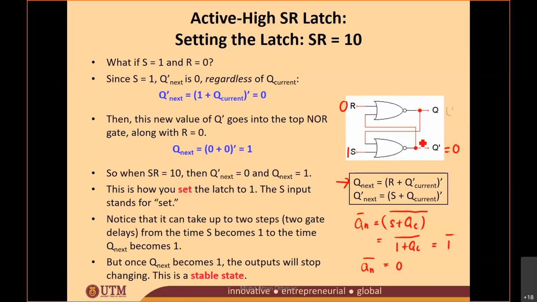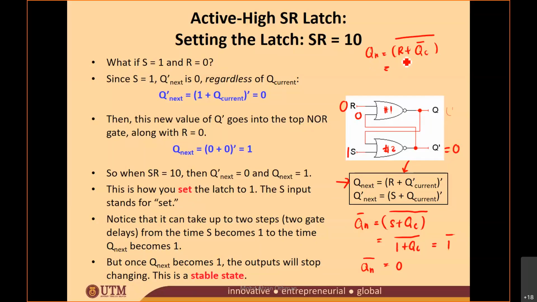Bila yang ni kosong, apa yang berlaku? Yang ni akan masuk ke sini sebagai input untuk kamu punya NOR gate nombor 1. So once you put 0 kat sini, kamu masukkan dalam persamaan yang tadi. Q next sama dengan R tambah dengan Q bar current, and then you have a bar.